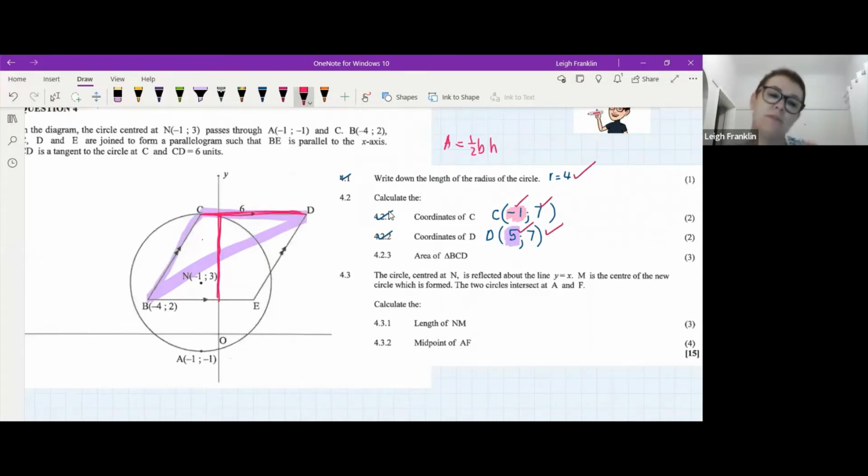So that has to be the base in this case, because we don't know the length of BC and we certainly don't know the length of NB. Although I suppose we could work it out, but why go and calculate something when we've already got the information? So the vertical height of triangle BCD is the vertical pink line that I have drawn. Does that make sense to everybody?